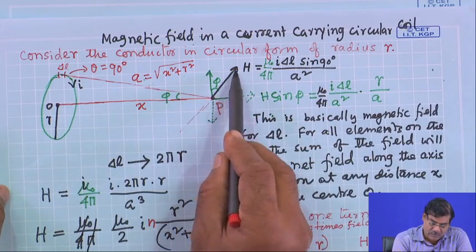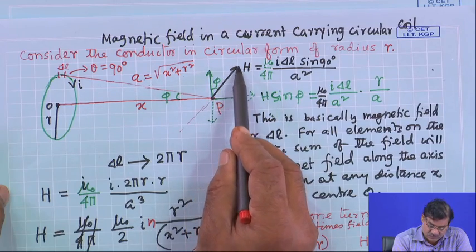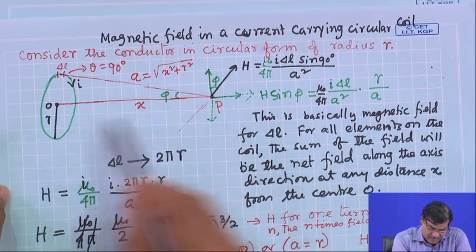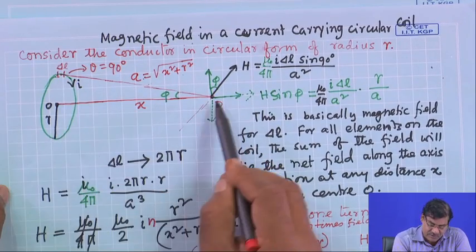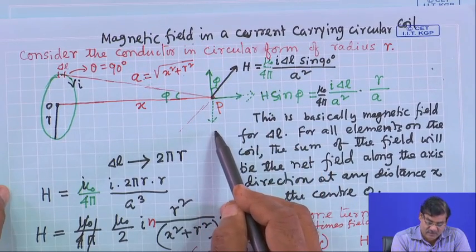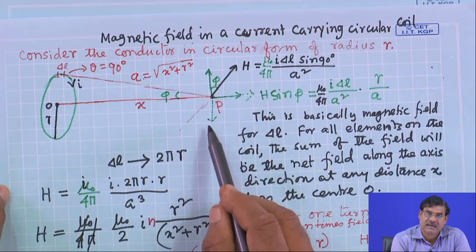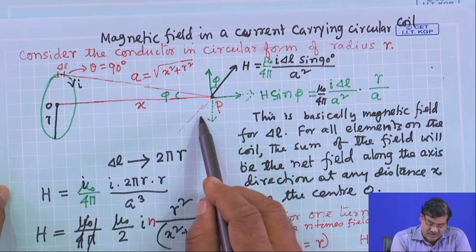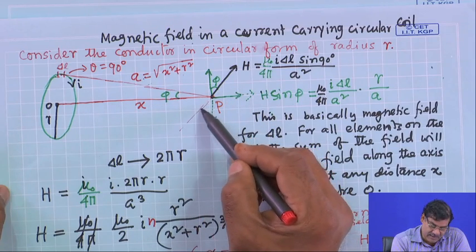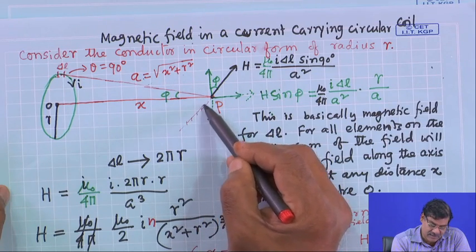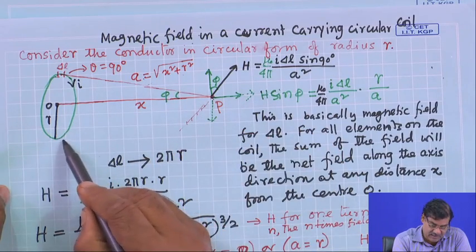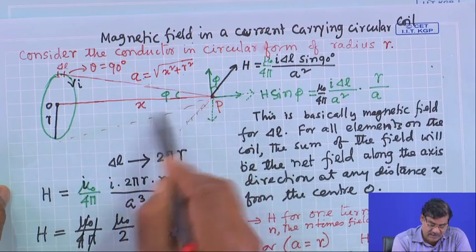So, perpendicular to this axis, this h cos phi, and from the just opposite element you will get this h cos phi perpendicular to this axis, they are in opposite direction. So, they will cancel each other. No, it will not be in this direction, I made a mistake, it will be perpendicular to this, okay.